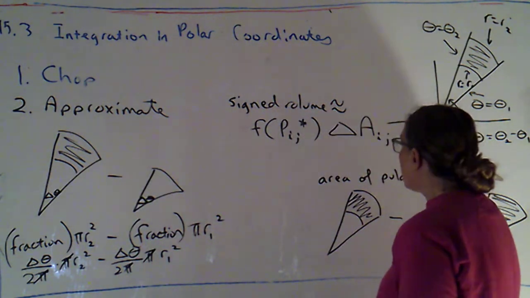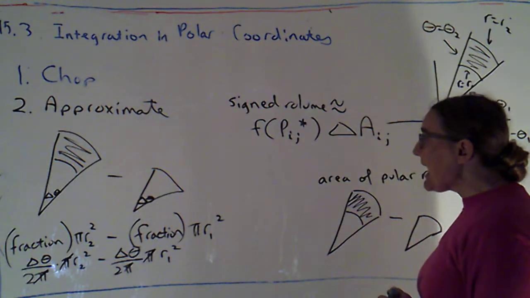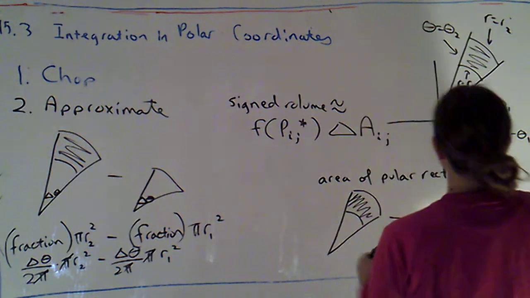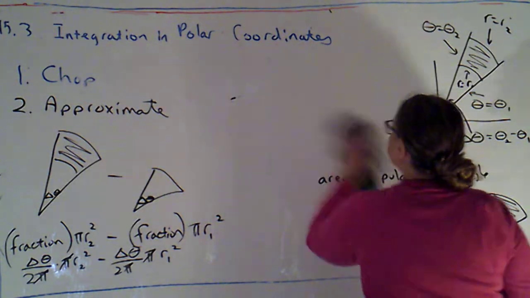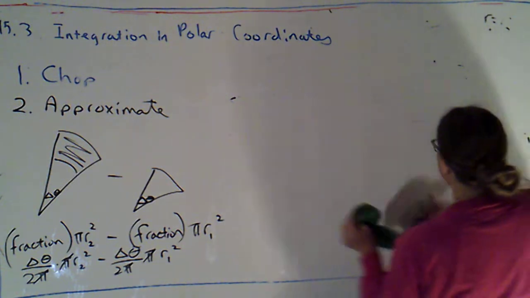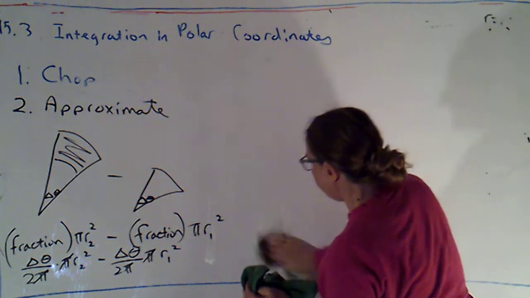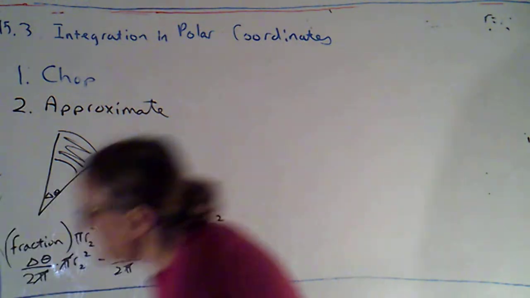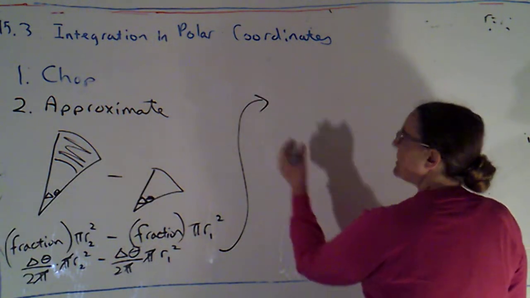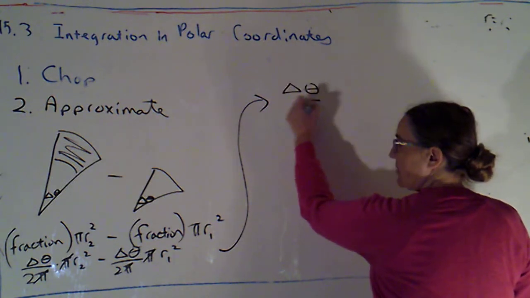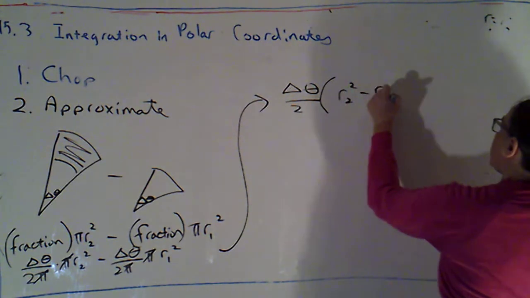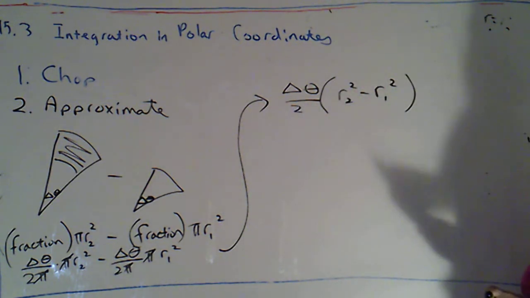Okay. So what I have then is that the area of this polar rectangle I can describe fairly nicely as just being delta theta over 2, which I can factor out, times r2 squared minus r1 squared.